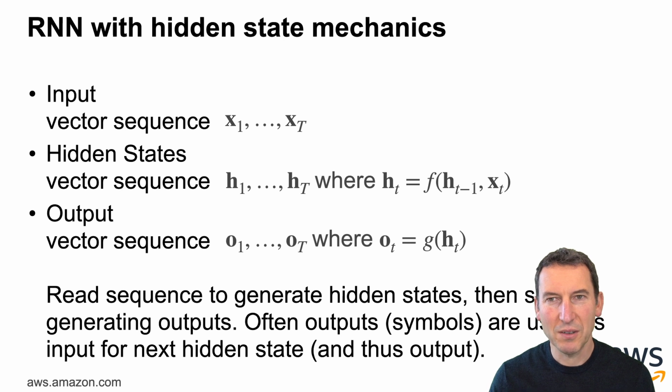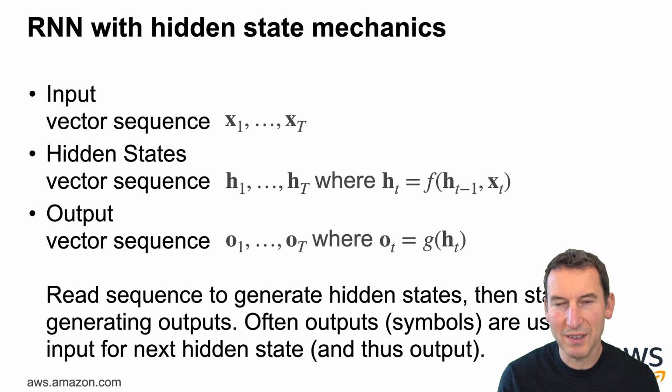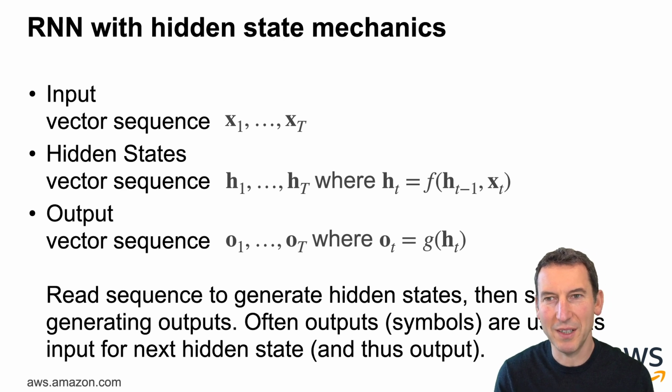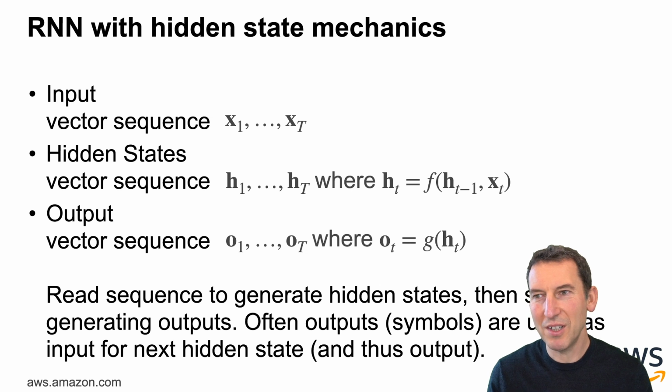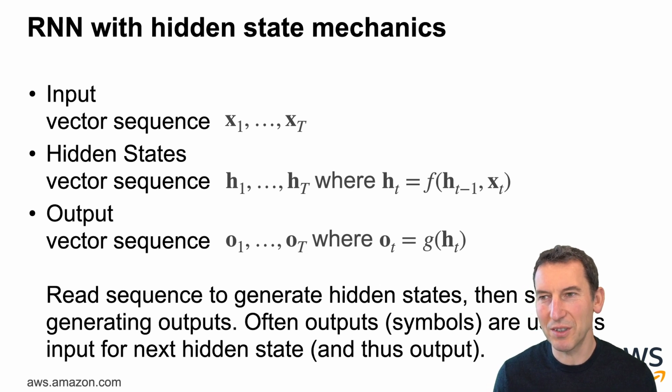Okay, so this is our input sequence. We then get a vector sequence of hidden states, h1 through ht, and ht is given by some function of the previous hidden state and the current input. And then after that, I get an output sequence, which is generated based on that hidden state, possibly also other things.